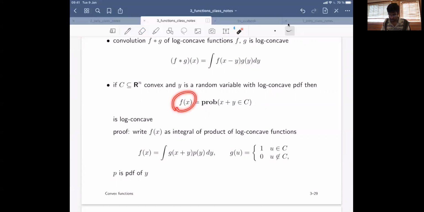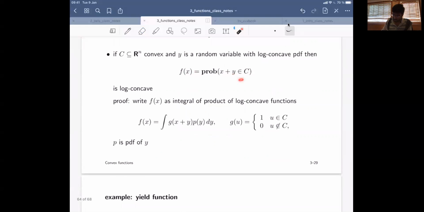The function evaluated at value x gives the probability that x plus y belongs to this convex set C. How do you write the probability? You just integrate with respect to the PDF, right? Now we are saying that this PDF is log concave. Then we can write this when x plus y belongs to C. I am forming a function g such that when x plus y belongs to C, g will take a value of 1.